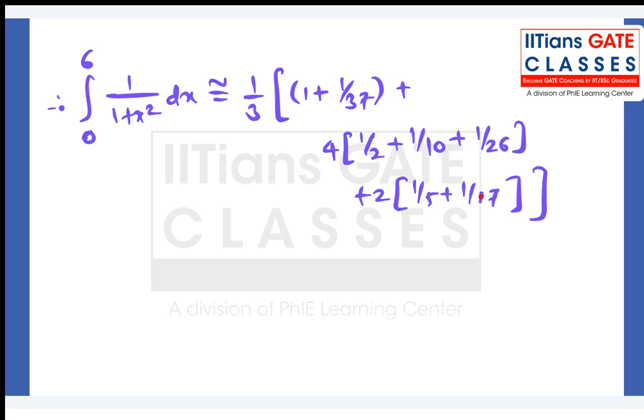Now we are supposed to do the calculations, and since they are asking you to find till 4th decimal accuracy, we'll do that. This will be 1 by 3, let it be like this. The first fraction will be 38 by 37.